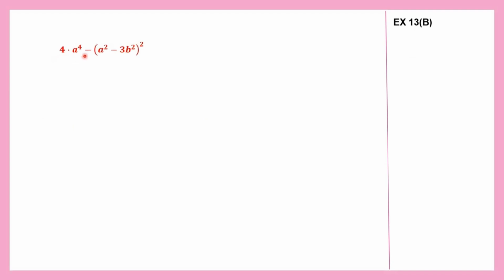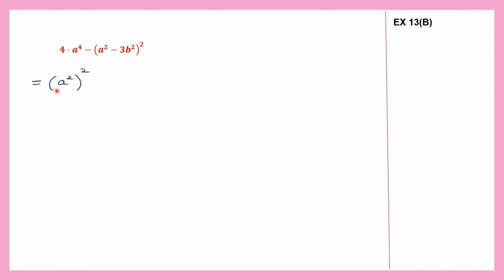Question 4. a to the power of 4 minus (a square minus 3b square) the whole square. So here we have this in the form of a square. Now here we have a to the power of 4. If we can bring this to the form of A square minus B square, then we can apply the formula. So to make this a square, all we have to do is write (a to the power of 2) again raised to the power of 2.